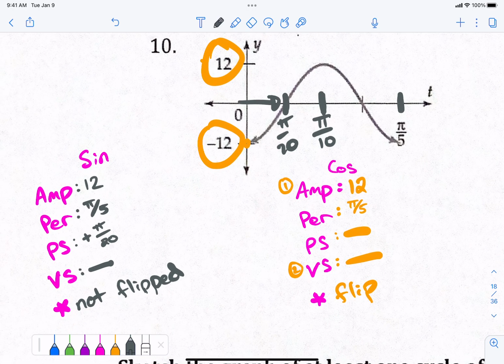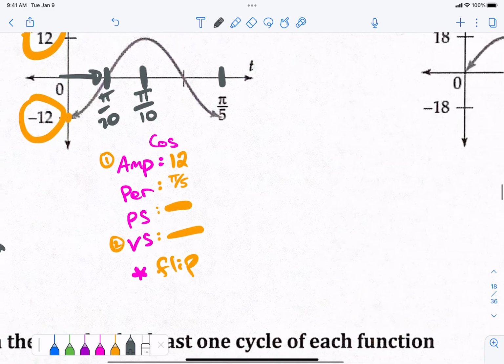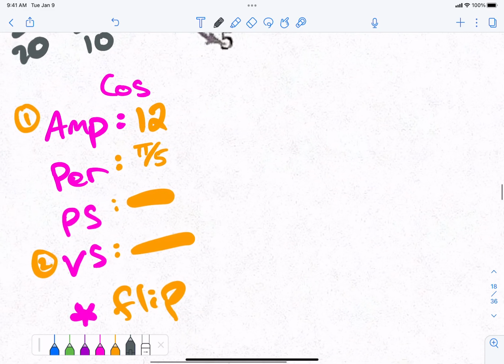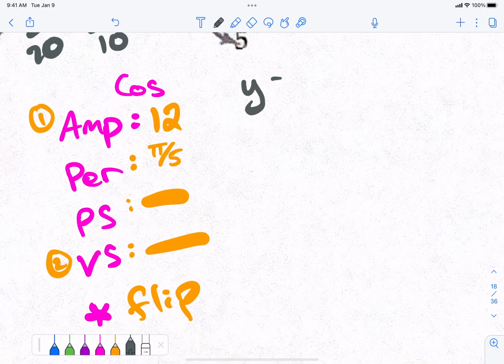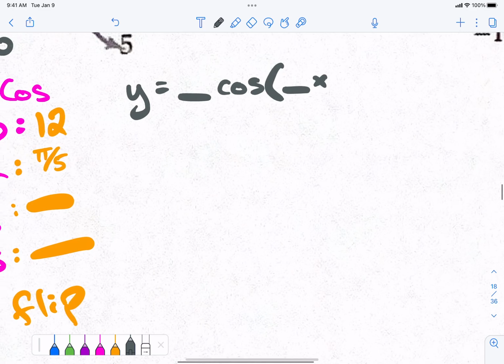So really, for sine and cosine, everything stays the same except for the phase shift, and sometimes it might be negative. Okay, let's go ahead and fill in our cosine first. So we need y equals blank cosine, blank x, blank, and then a blank.